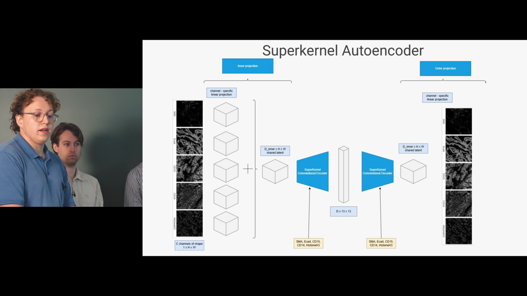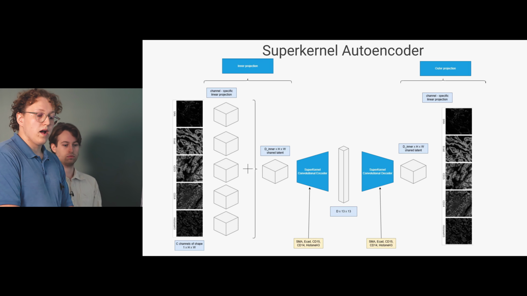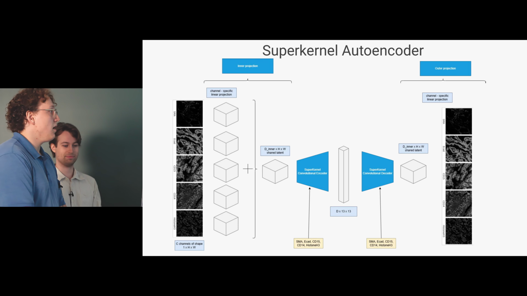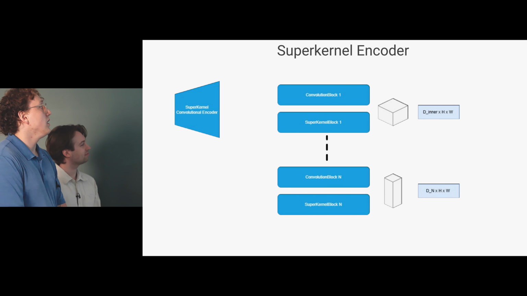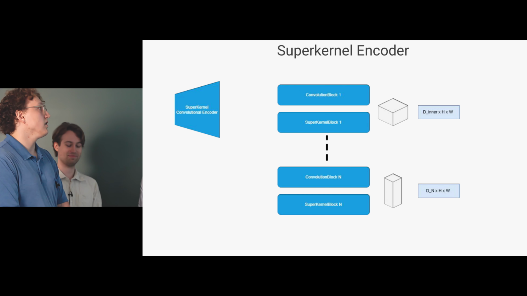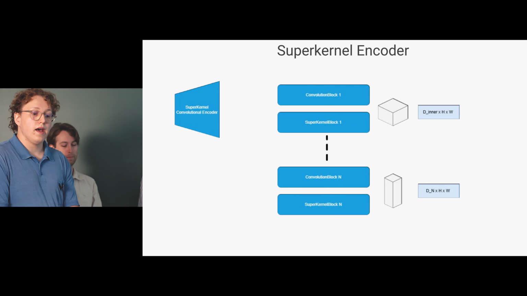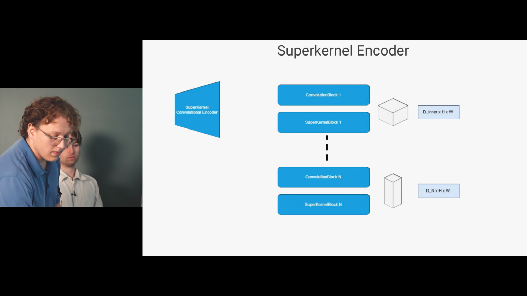We could try ingesting the information about the markers that we possess into the autoencoder, and we do that by dropping a superkernel block after each regular convolution block, and we wrap it in residual connections.